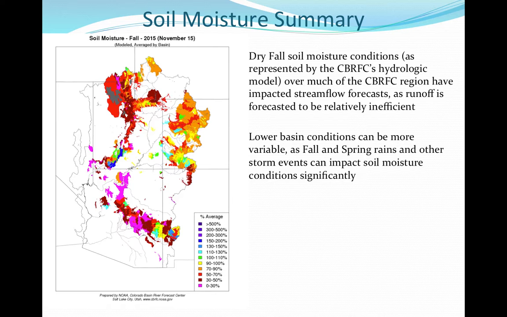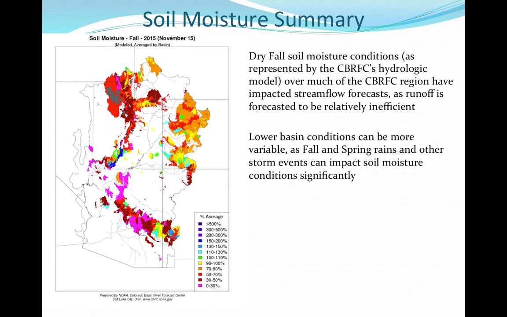But in particular, kind of looking over into central Colorado and the Colorado headwaters and the Gunnison and the San Juan, especially the headwaters of the San Juan, very, very dry conditions. So to us, that indicates that we're going to need some very favorable snowpack conditions just to get to an average runoff.